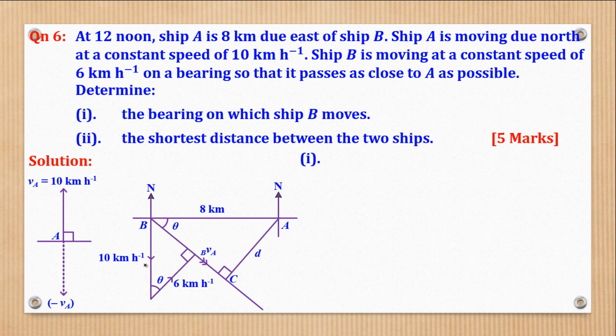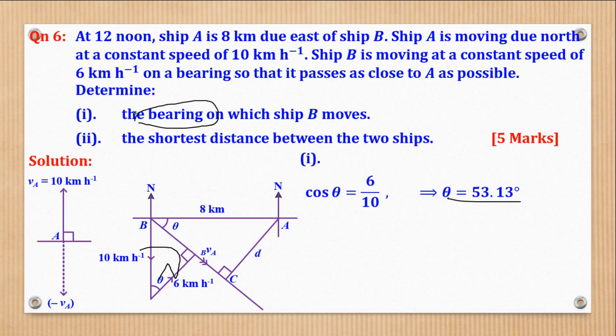So now I can answer question 1 by getting the value of theta. I can say cos is equal to adjacent over hypotenuse to give you theta as 53.13. But they want the direction in bearing. So I'll come and say it is 053.13 degrees.